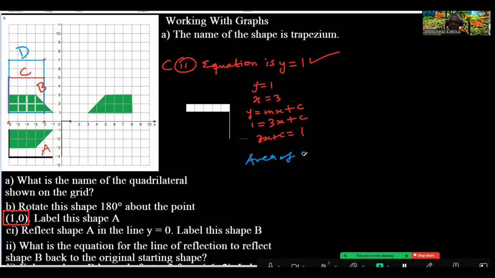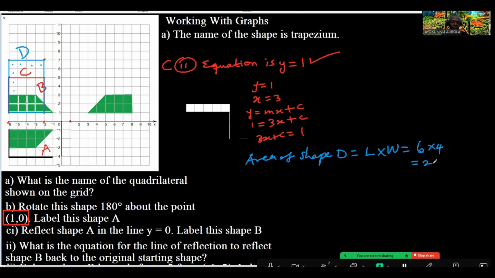Area of shape D equals, how many boxes? One, two, three, four. Then how many? One, two, three, four, five, six. So equals length times width, which is what? 4 times, I mean, 6 times 4, okay?